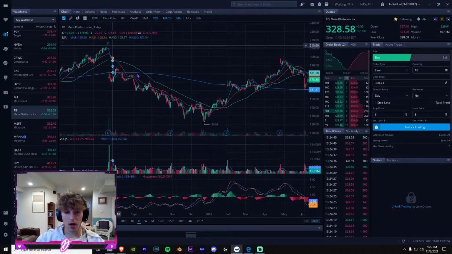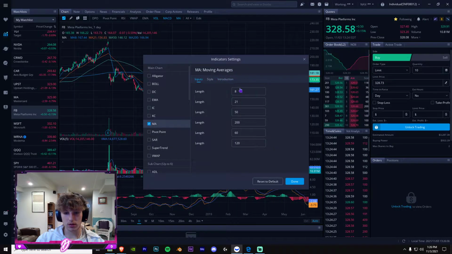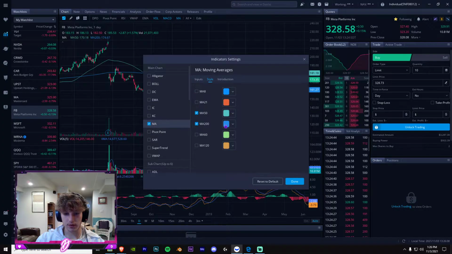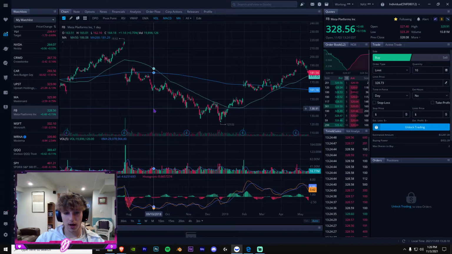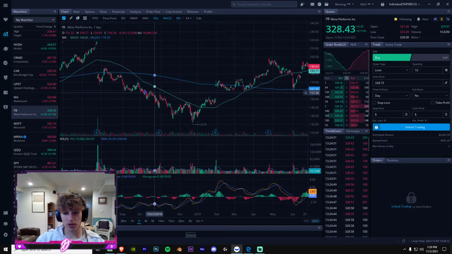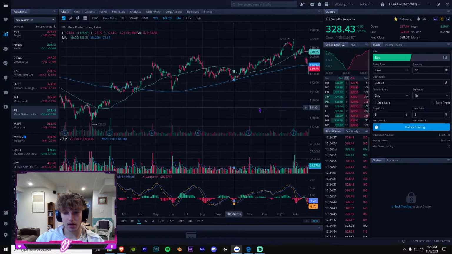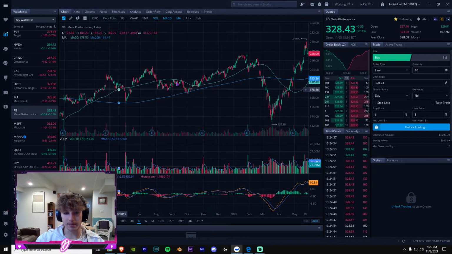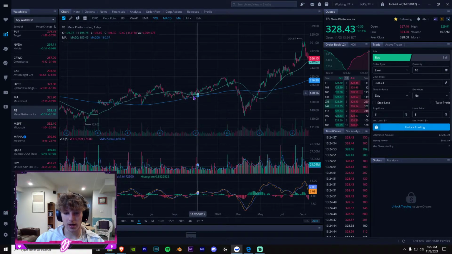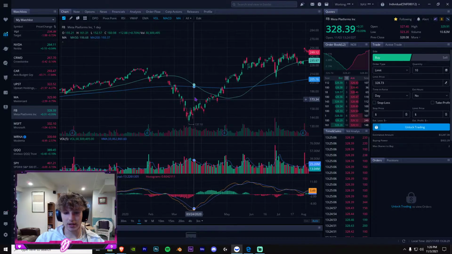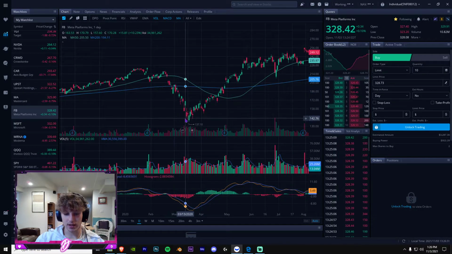So let me take off these ones so it's not as confusing. But if we look, this moving average crosses below and it's in a downtrend, and then it crosses above, it goes in an uptrend, and then it ends up almost going down again, but it's still in an overall uptrend. It never goes below this number. And then finally, when it starts to curl down, it's in a downtrend.